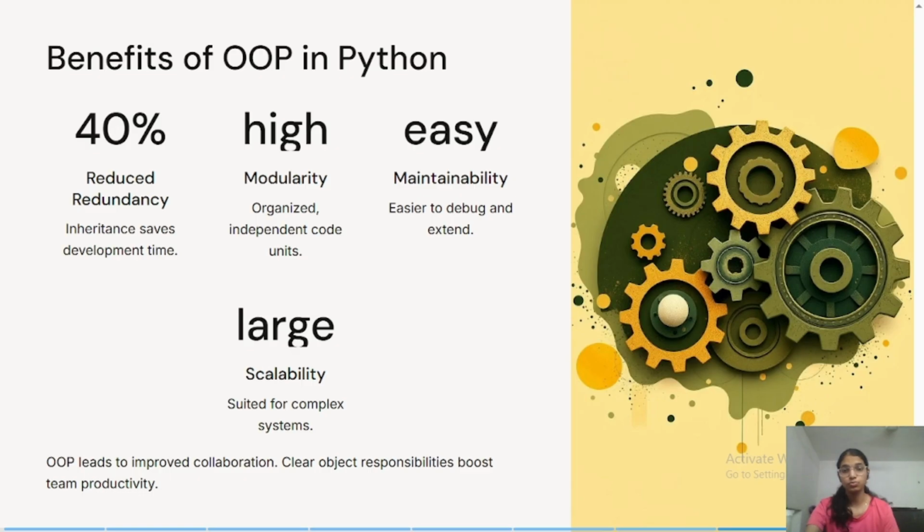Benefits of OOPS. So we are at the end. Why OOPS? OOPS is used in Python because it makes your code easier to manage, cleaner, reusable, and scalable for big projects. It's like upgrading from a messy desk to a well organized organizer.